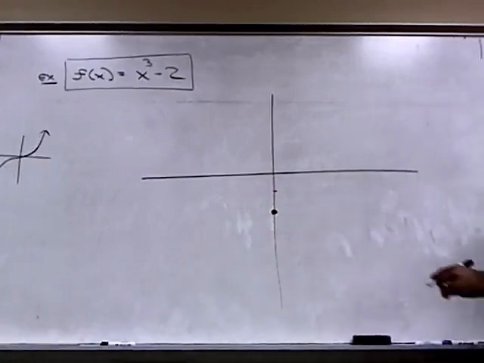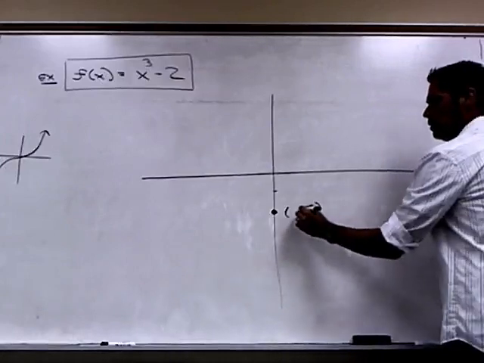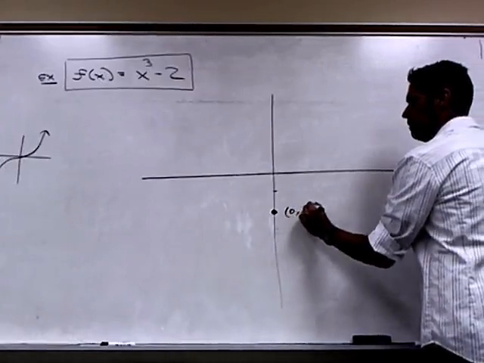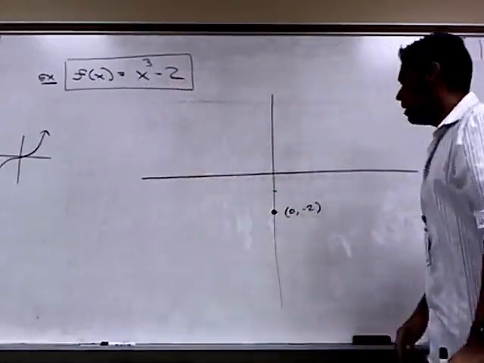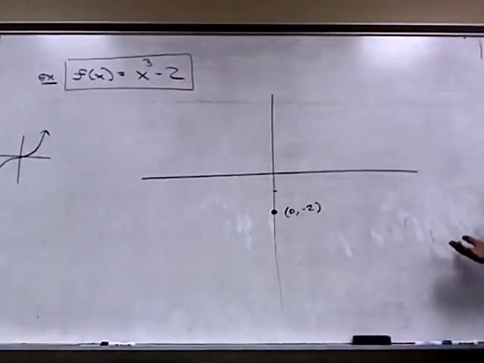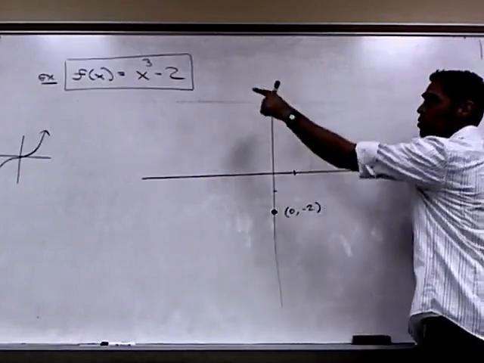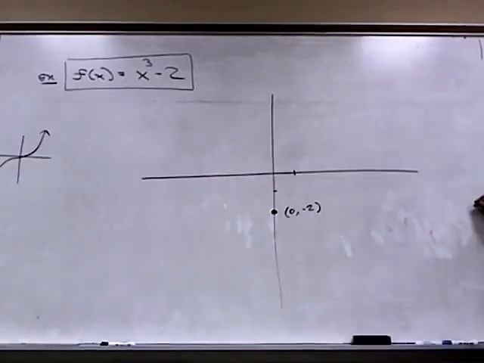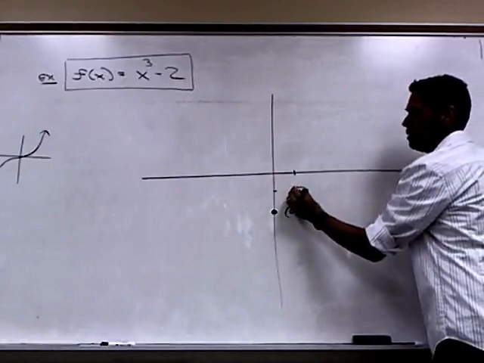Now, what is this point right here? What's that point? 0, -2, right? Which, if I plug 0 in, I'll get -2. Let's try and get a couple of other points. How about if we plug in 1 into that function? What would you get if you plug in 1? Negative 1.